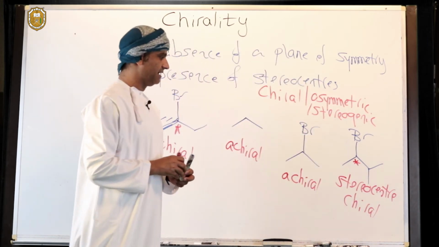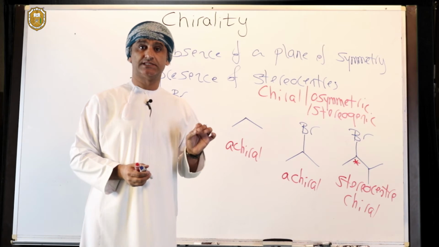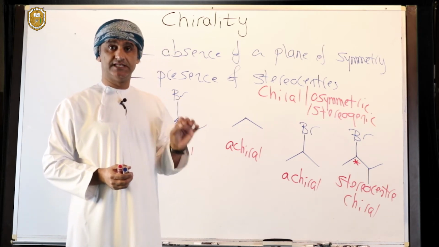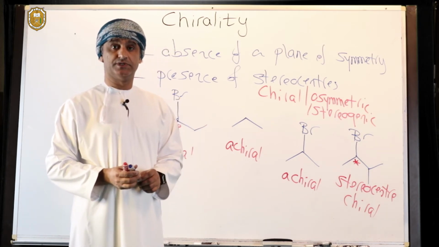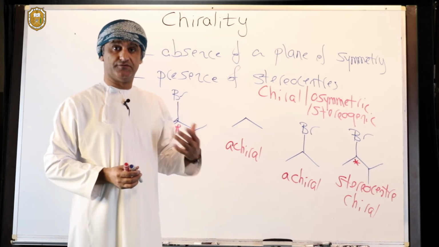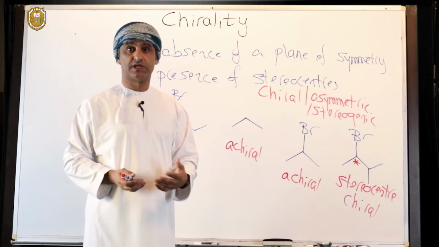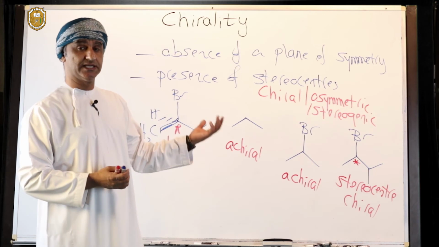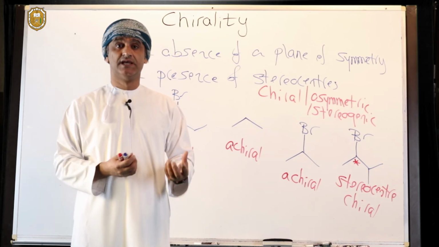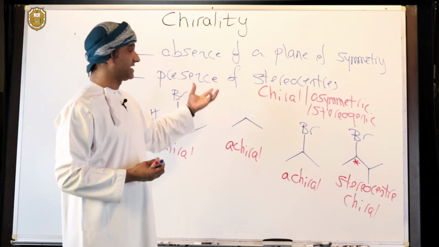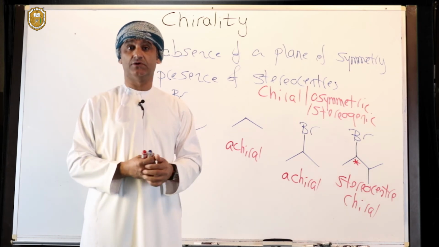So that's another example of a chiral molecule which has a chiral center, a carbon that is surrounded by four different groups. Of course, examples are numerous. We can go on and on by taking other examples to illustrate this cause of chirality, which is presence of stereocenters.